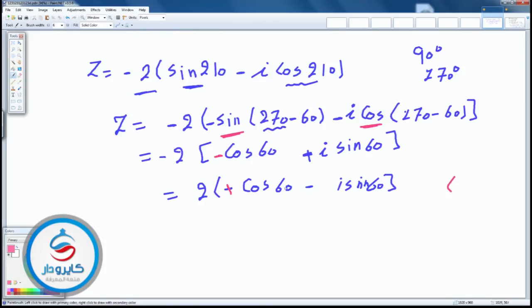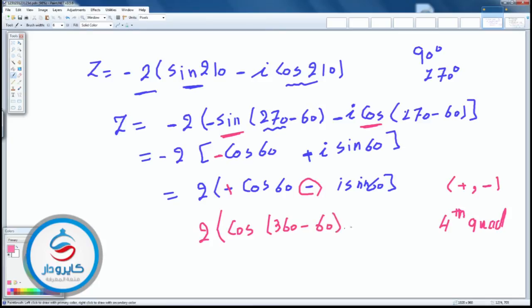نبص للساين بتاعتنا، يا مستر الكوزاين في البوزيشن بتاعها والساين في البوزيشن بتاعها، بس الميدل ساين دي نيجاتيف. It must be positive. So we have to study the sign. الكوزاين الساين بتاعتها ايه؟ positive والساين negative. Positive and negative means yes fourth quad. Fourth quad it will be 2 cosine 360 minus 60 plus i sine 360 minus 60.